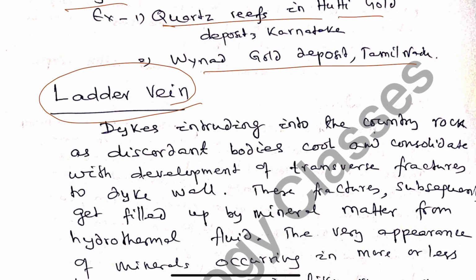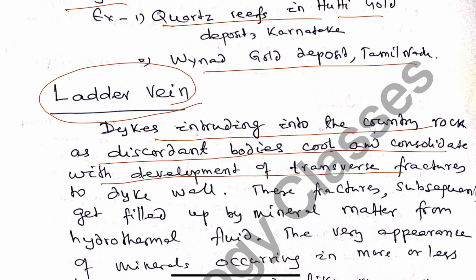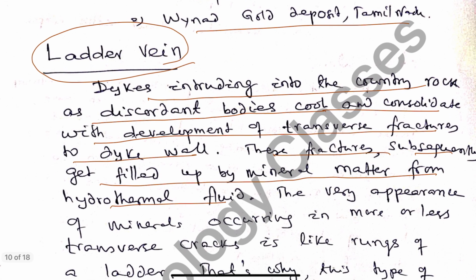Vein showing a ladder type of shape. The dikes intruding into the country rocks are discordant bodies that cool and consolidate with the development of transverse fractures to the dike wall. These fractures subsequently get filled up by mineral matter from hydrothermal fluid.